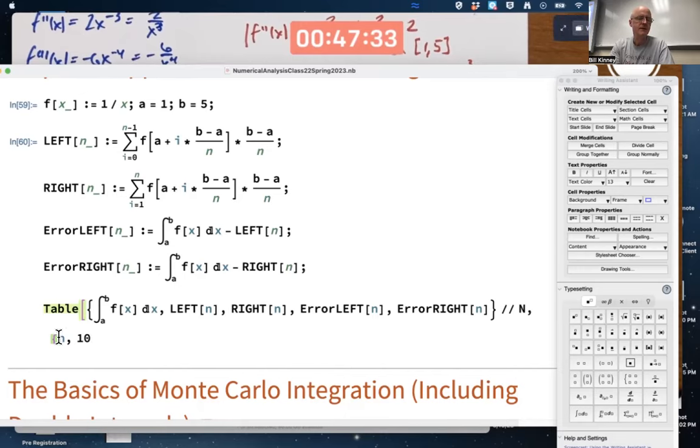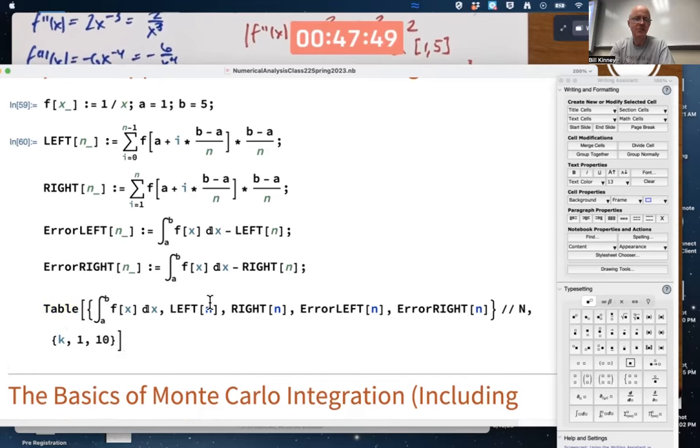Maybe I should do something else instead. Maybe I should let, well, I'll start n at 10 and go up. Okay. Let me start k at 1 and go up to 10. But instead of plugging in k for these things, I'm going to plug in 10 to the k.